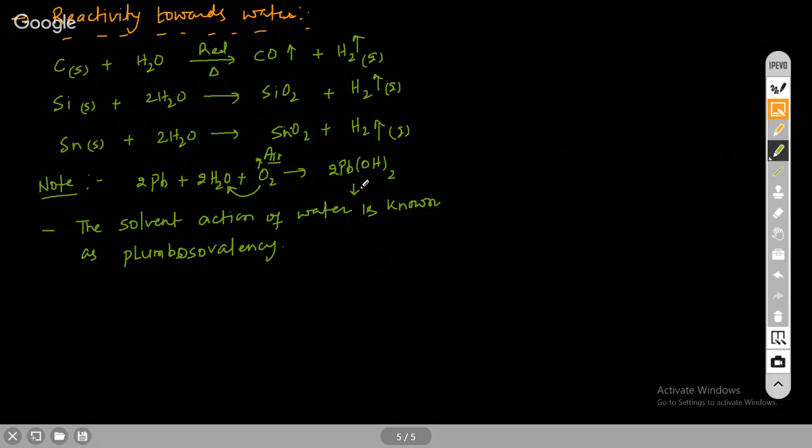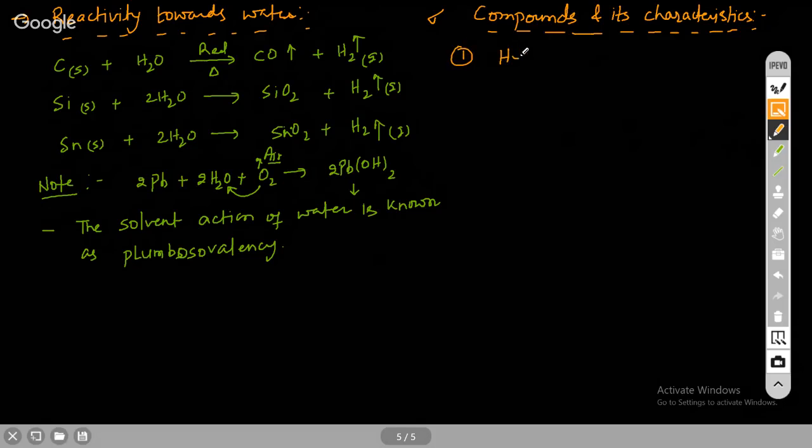Now we see some general characteristics of compounds. We'll see the compounds of this group and their characteristics. The first one you write down, hydrides.